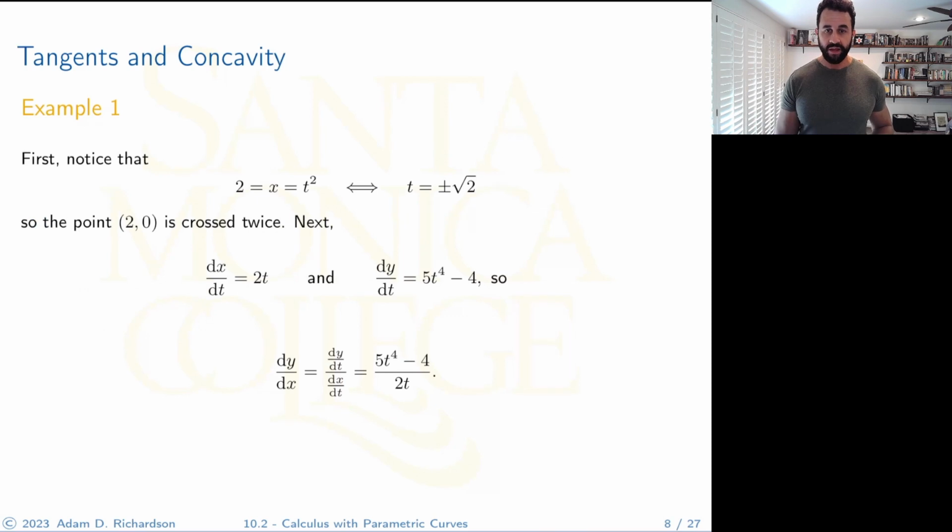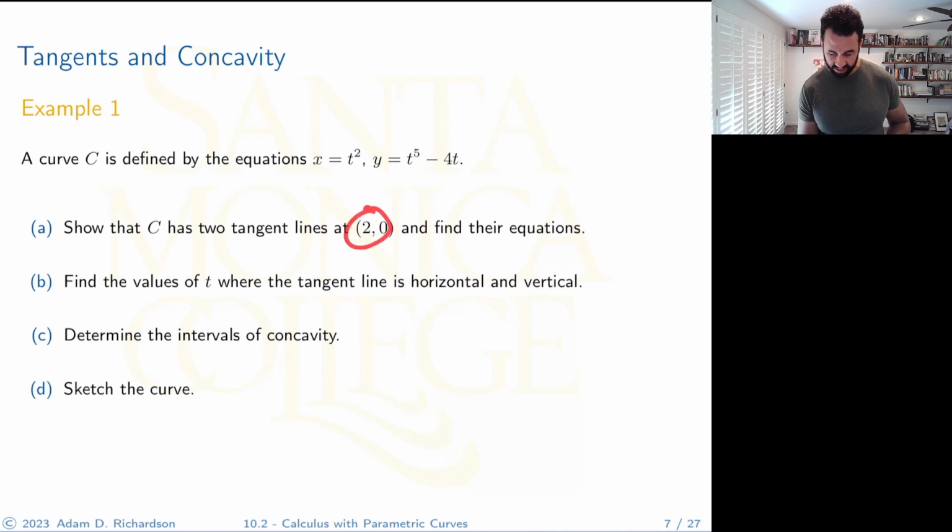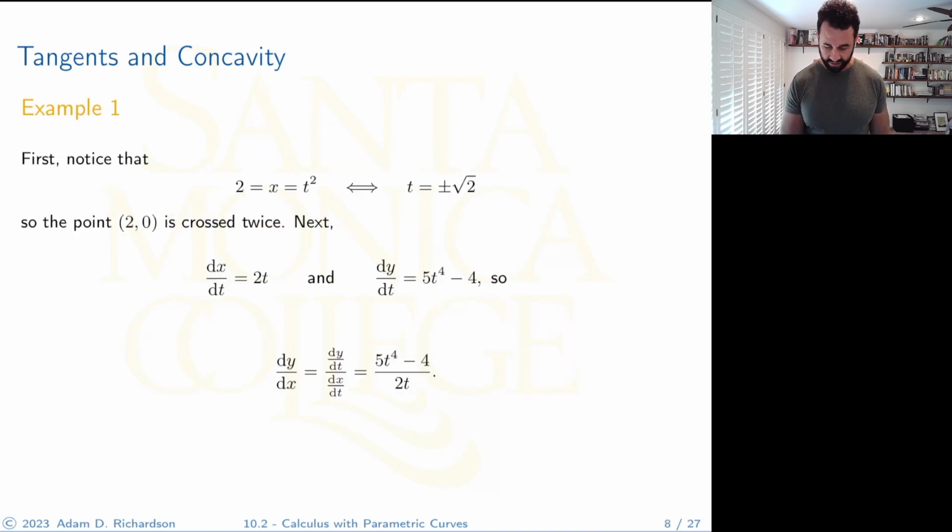First step. Remember, part A was show that there are two tangents. So this says show that there are two tangent lines at the point (2, 0). Well, if you're at the point (2, 0), that means that x is equal to 2 and y is equal to 0. But just looking at this first relationship, if x is equal to 2, that means that t squared is equal to 2, and so we get two results for t, plus or minus square root of 2.